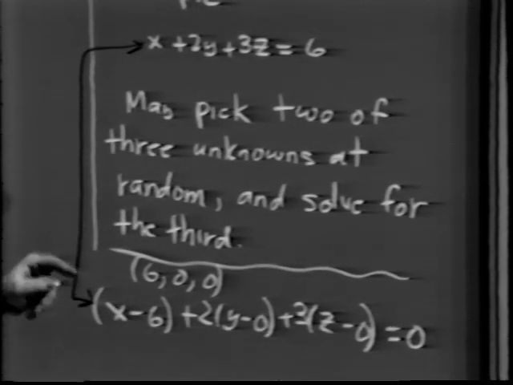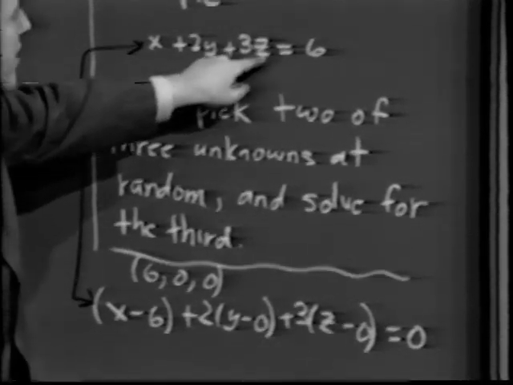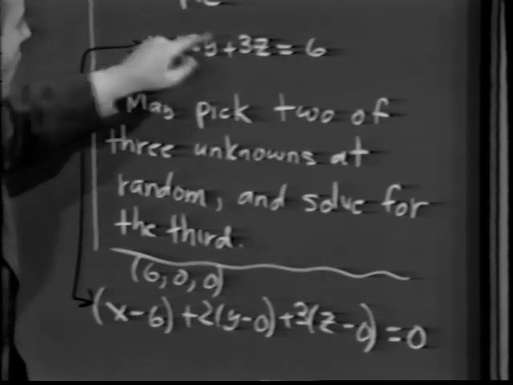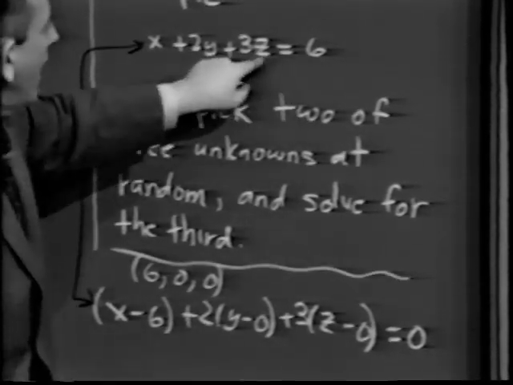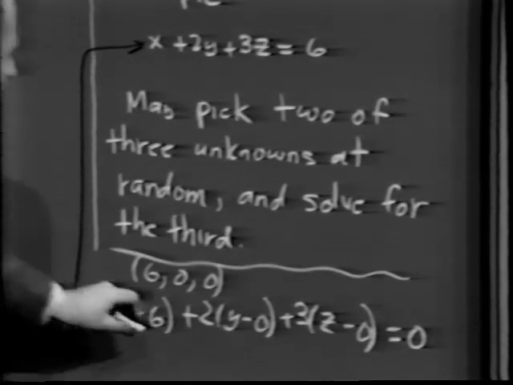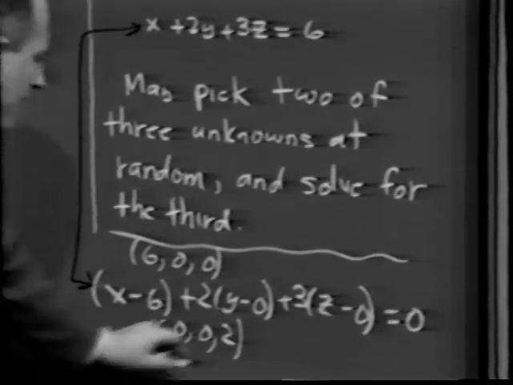By the way, you could do this in different ways. Some person might say, why couldn't you have transposed the 6 over here, then taken 3z minus 6? Why don't you let x and y be 0 and solve this equation and get that z equals 2? In other words, isn't (0, 0, 2) also a point in the plane? And the answer is, yes, it is.